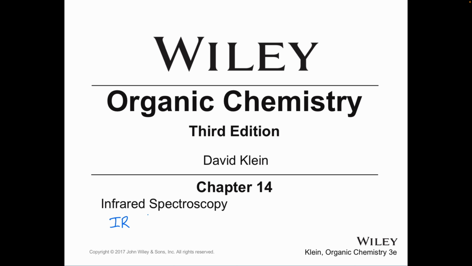All right. First, we're actually going to focus on the second word here, though, spectroscopy, because there are a lot of different spectroscopy techniques that we use in chemistry, and they all have the same basic format.